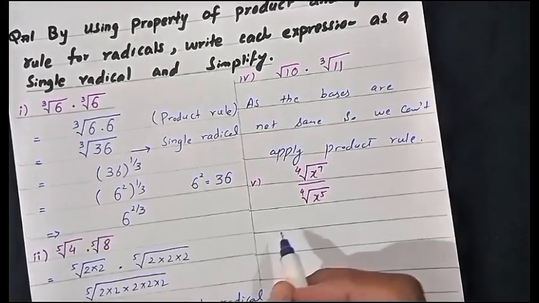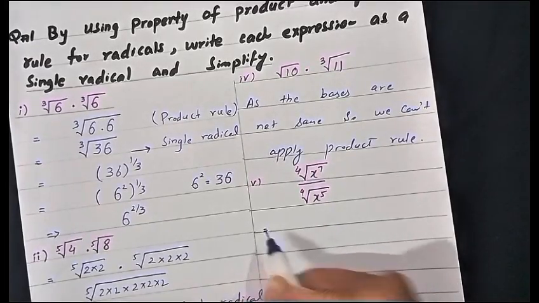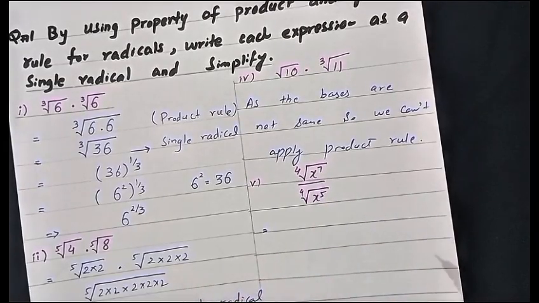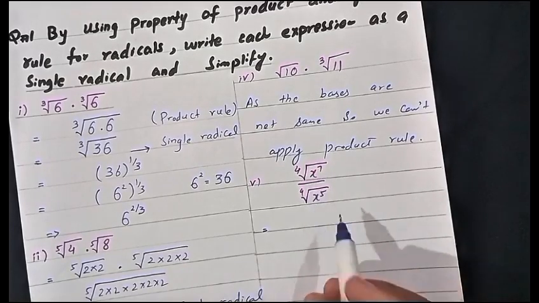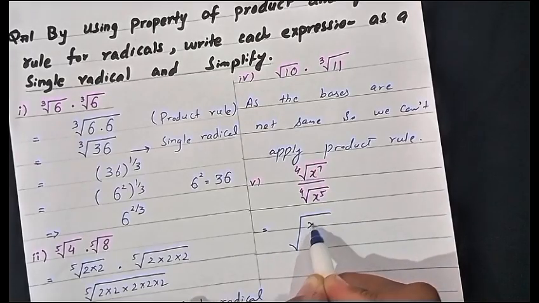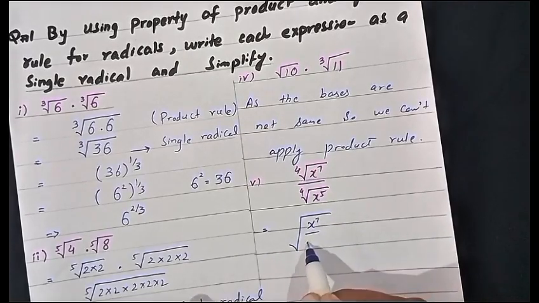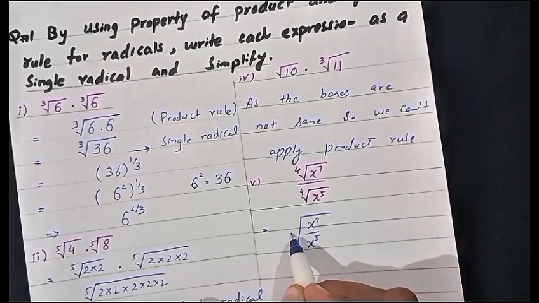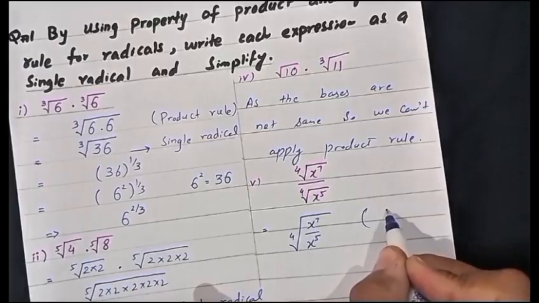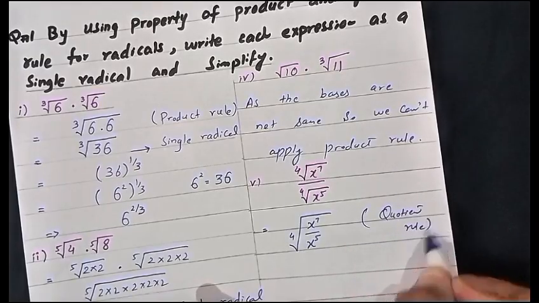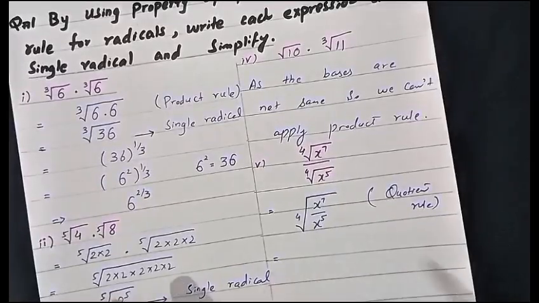Question number 5 is the fourth root of x power 7 divided by the fourth root of x power 5. This is the quotient form, so we apply the quotient rule, in which both the radicands are written under a single radical sign with a common index 4.